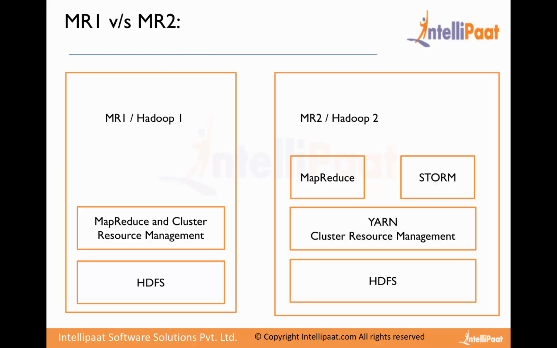On the left hand side is the MR1 architecture, and on the right hand side is the MR2 architecture. In MR1 there are only two things: one is the HDFS file system and another is the MapReduce and cluster management. The MapReduce had the name node, the master node as well as the slave nodes. The master node is responsible both for the data processing as well as your cluster management, all clubbed together.